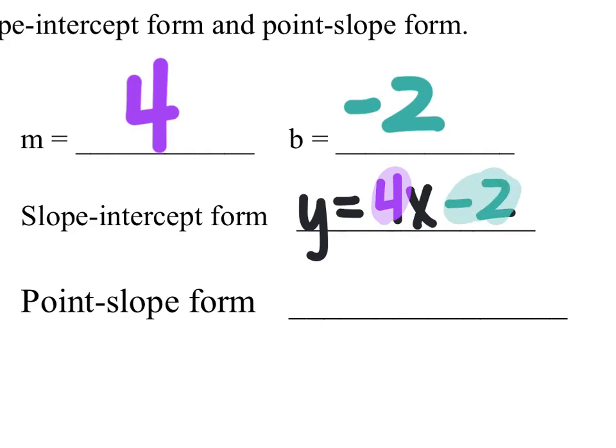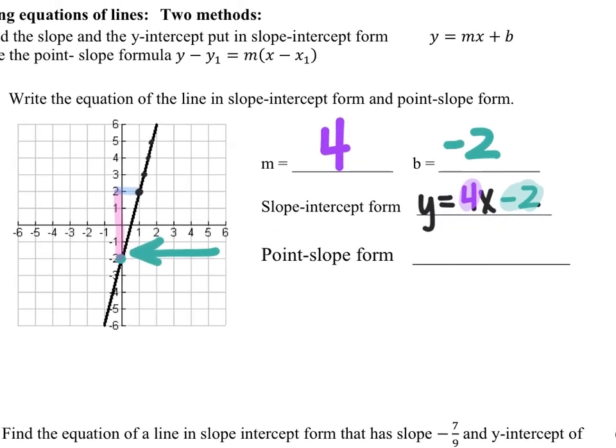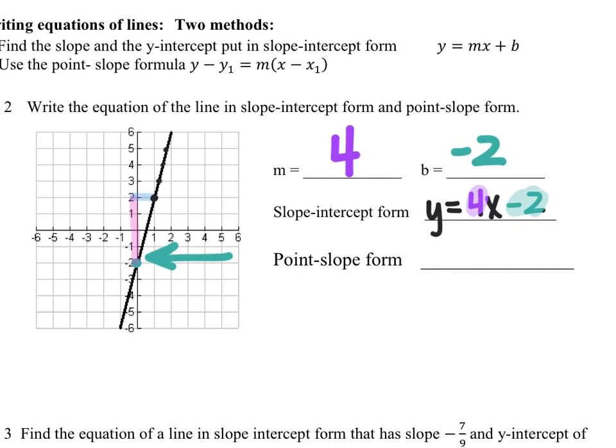And then the point slope form of it, we're going to be using this formula up here. So we're going to have y minus y1 equals m times x minus x1. And anywhere you see a subscript, that is going to be a value that we're going to substitute into this formula. We're also going to substitute the slope that we calculate or find from the graph.